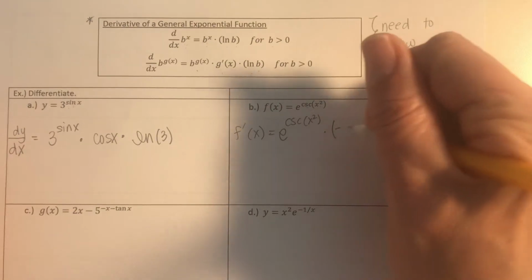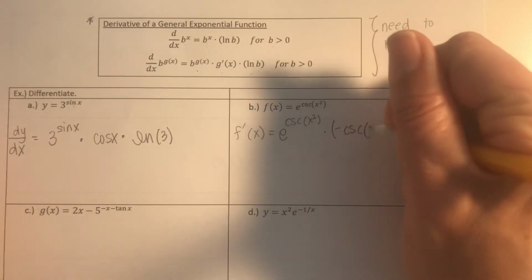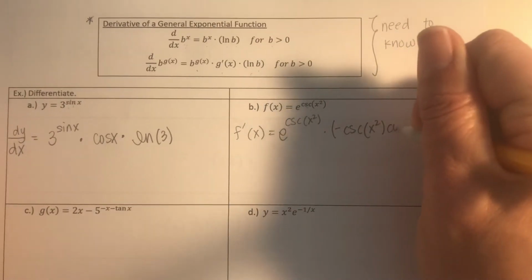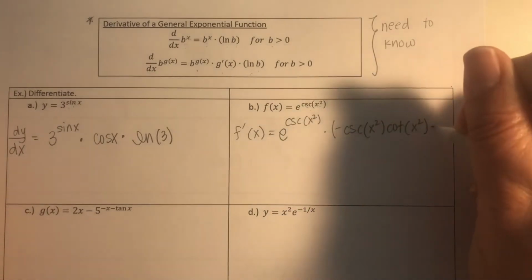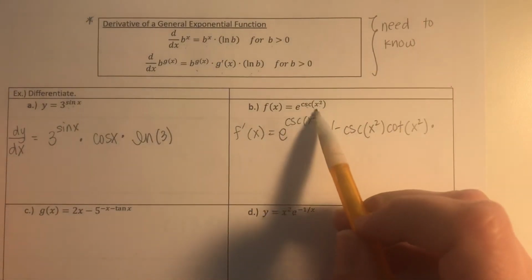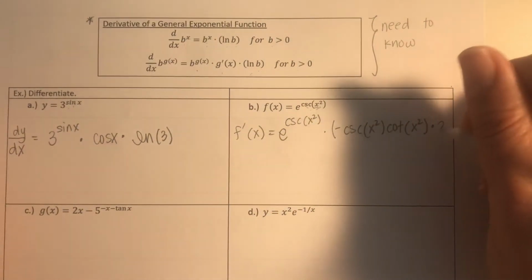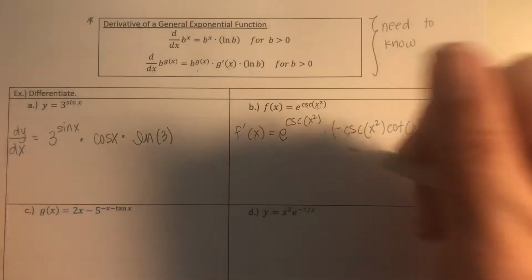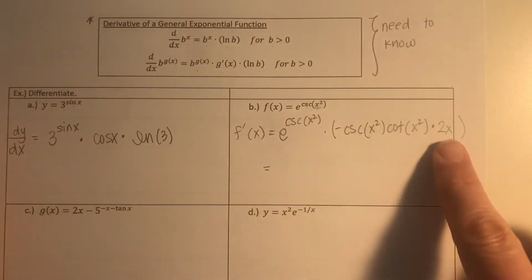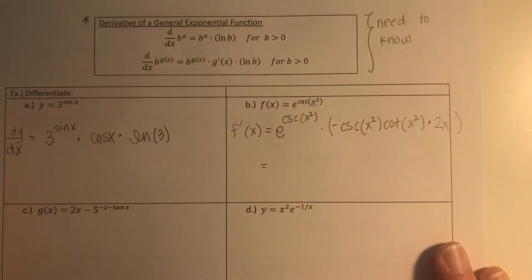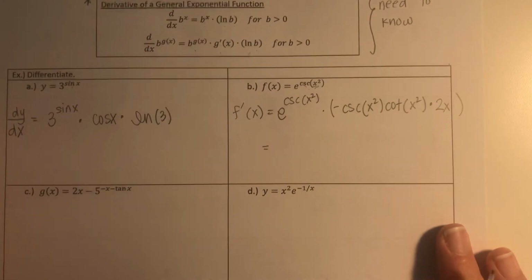So we're going to have negative cosecant x squared times cotangent of x squared, keeping that inside function the same, times the derivative of that inside function, which is going to be times 2x. You can clean this up, pull the negative out in front, rewrite it a little bit nicer. Again, check your answer on Canvas.